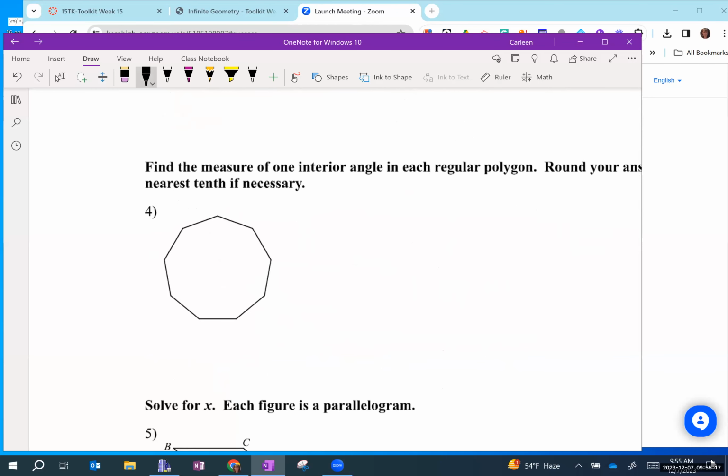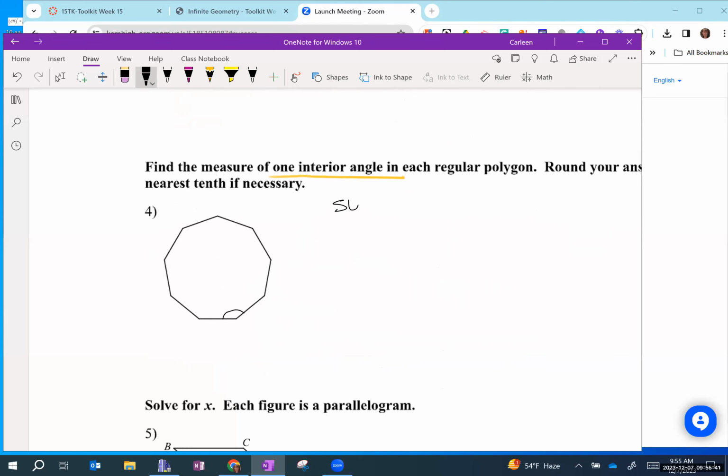Okay, find the measure of one interior angle of a polygon. And it is regular because that's important. Otherwise, they'd have the same sum, but each one would be different. So interior angle. What is the formula for the interior angle?